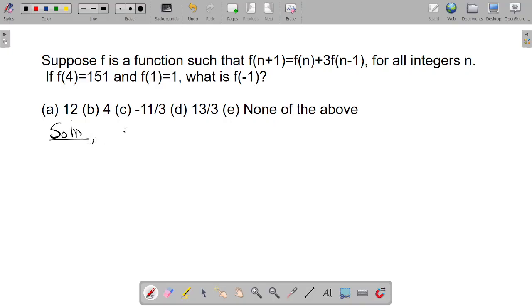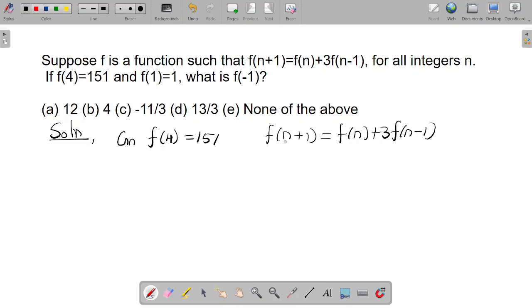Given data is f(4) = 151. Now how do we get f(4)? We can write the given function f(n+1) = f(n) + 3 times f(n-1).